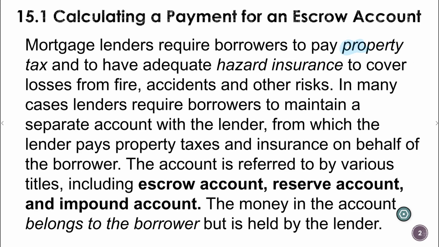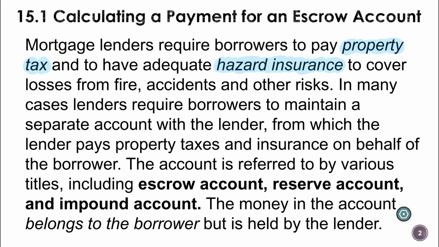In order to make sure that people take care of their property taxes and their homeowners insurance or hazard insurance, it's often set up as part of your payment, and your mortgage company takes care of that to make sure that it is paid.